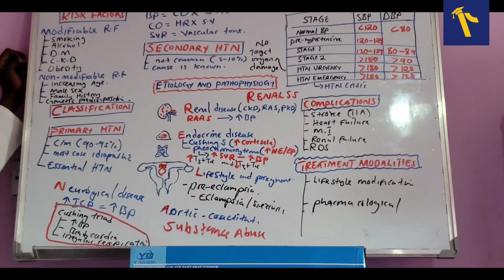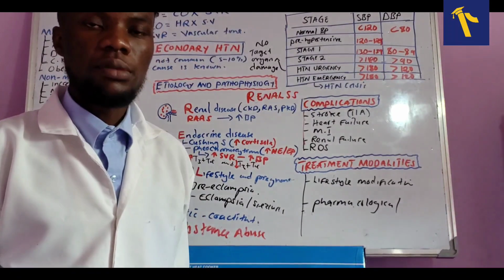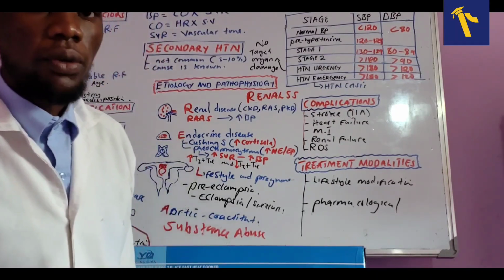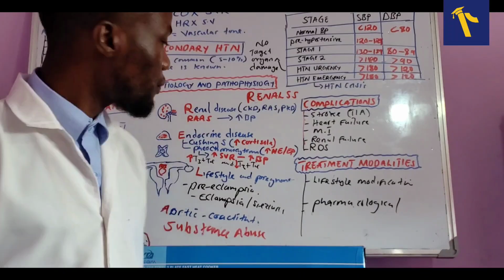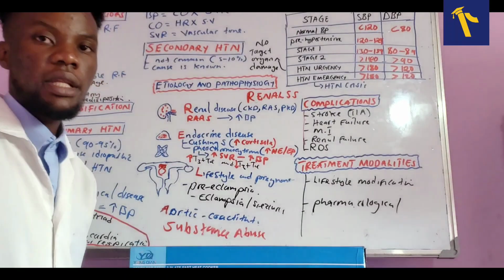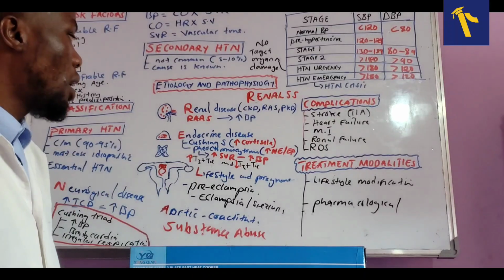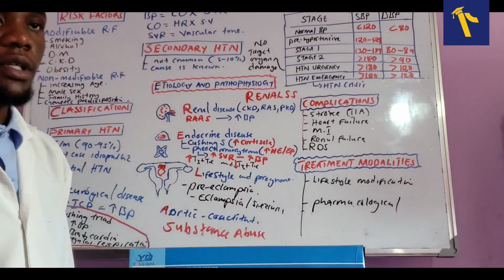You need to modify those risk factors, because remember that essential hypertension is caused by these modifiable factors. So you need to modify these factors so that, by all means, you can eradicate the hypertension that you are having. That's the first important thing that you need to do, lifestyle modification.